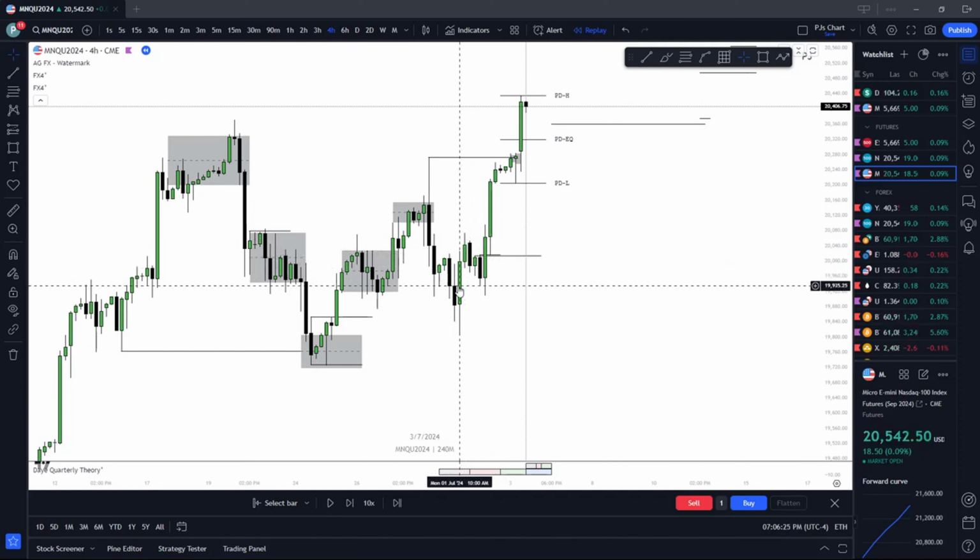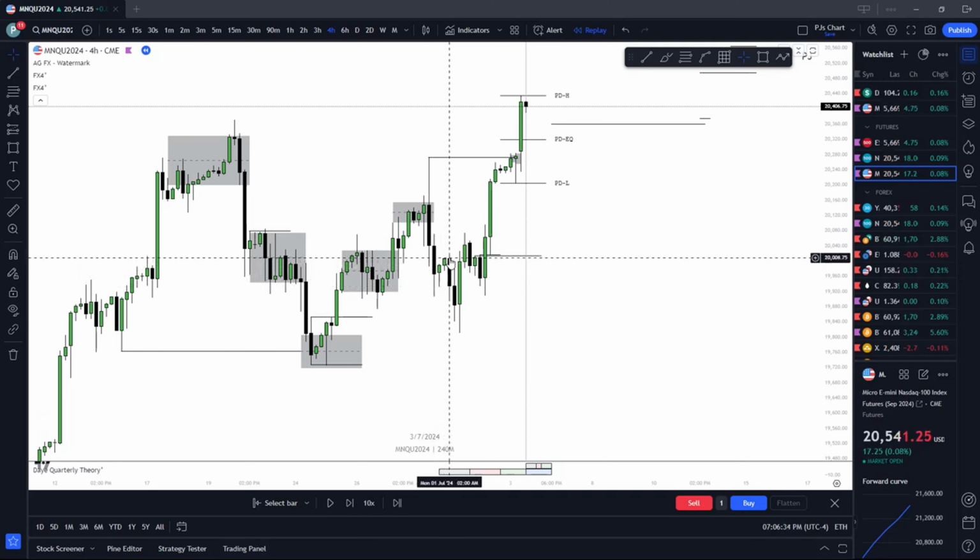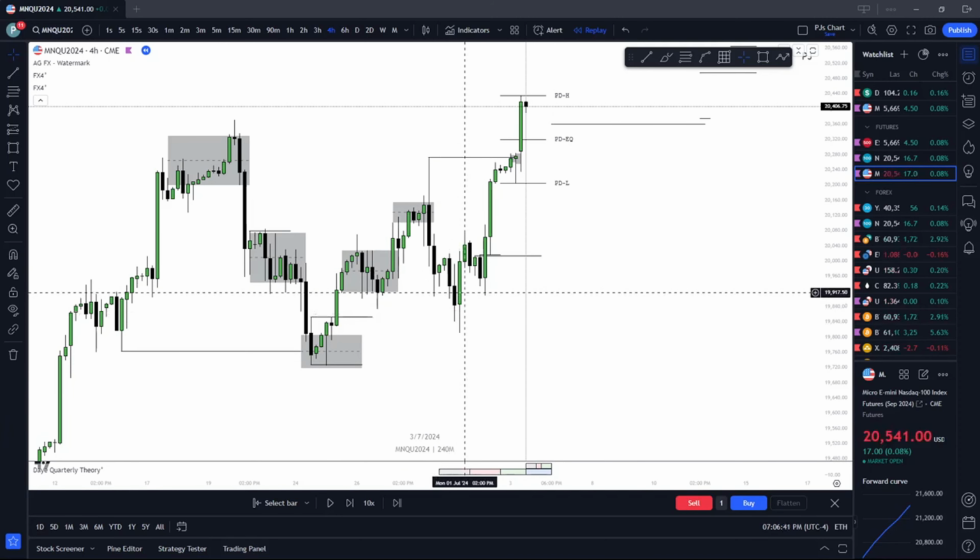But if we're delivering from a New York expansion, from almost an overnight London manipulation, because we drove higher then manipulated lower into our New York reversal.